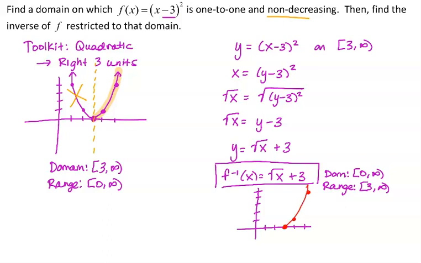This was our original function, f of x. If you take each of those ordered pairs and switch the x and the y, it will give you a point on your inverse function. So 3, 0 becomes 0, 3, 4, 1 becomes 1, 4, and 5, 4 becomes 4, 5.